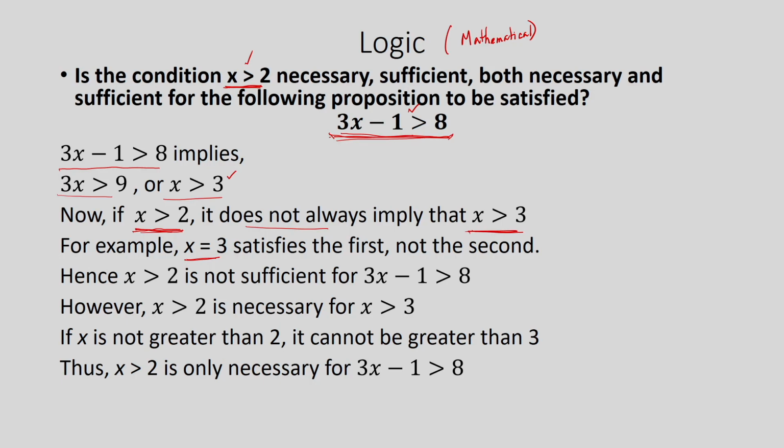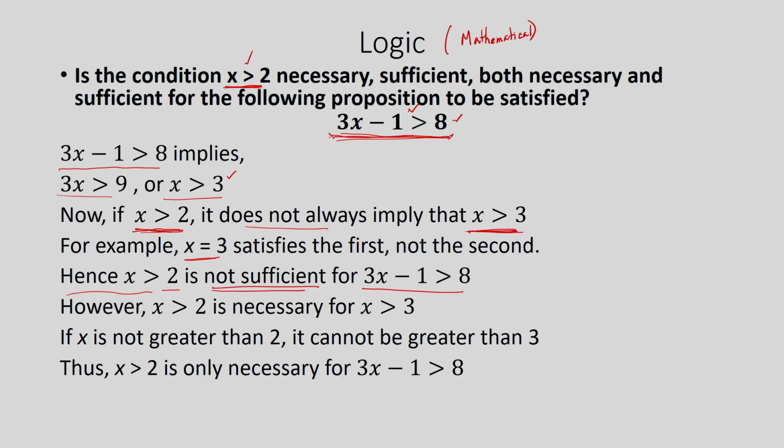So, what we can say is the following, that x strictly greater than 2 is not a sufficient condition for x greater than 3, and x greater than 3, as we know, is equivalent to saying 3x minus 1 is greater than 8. So, that is the conclusion that we are getting, that the condition is not a sufficient condition for this proposition to be valid.